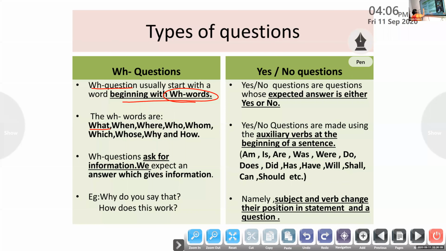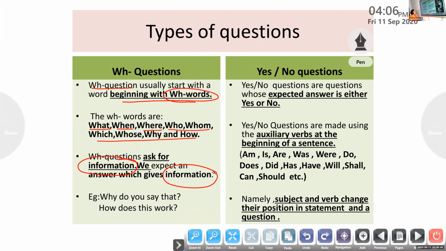What, when, who, where, which, why, how. These are the WH words. Why do we need to use WH questions? Because we ask to get some information. We expect an answer which gives some information. For collecting some particular information, we use WH questions.